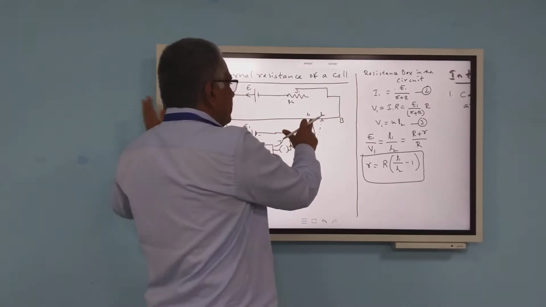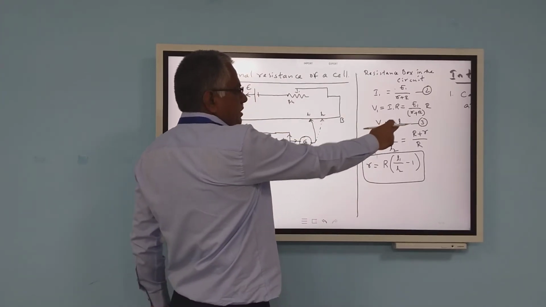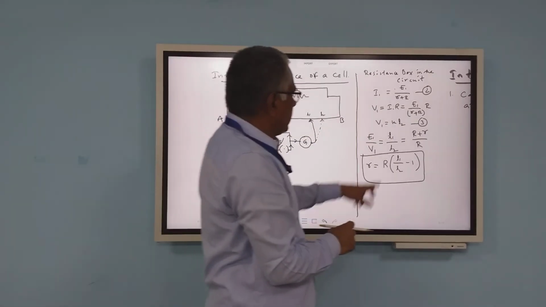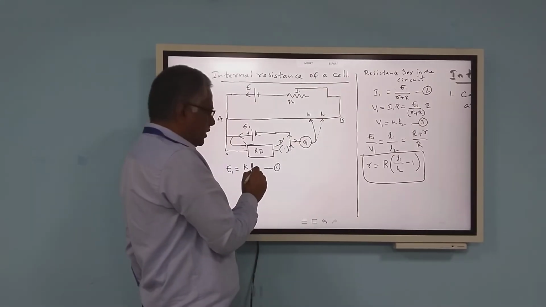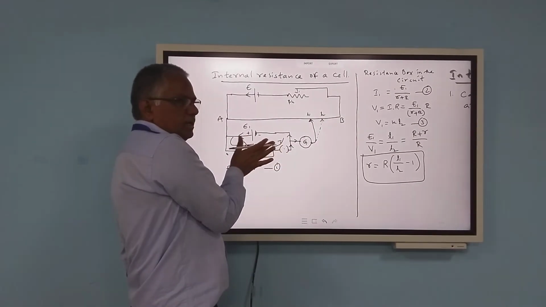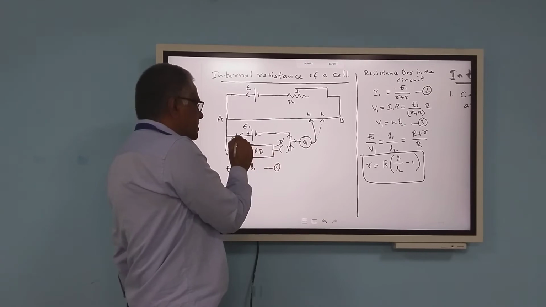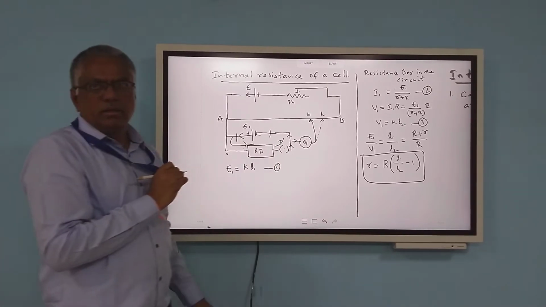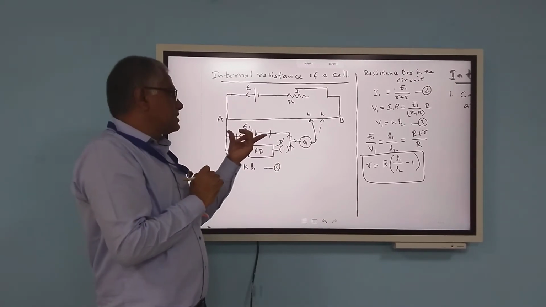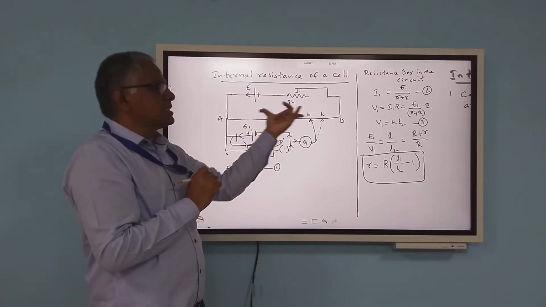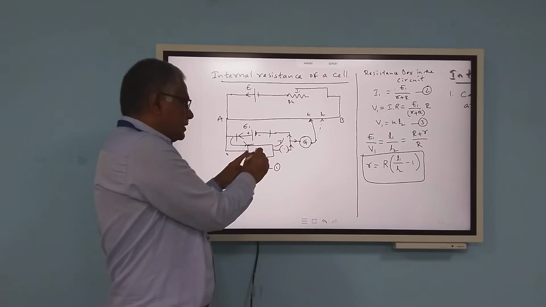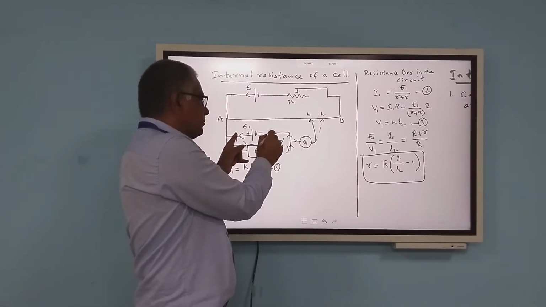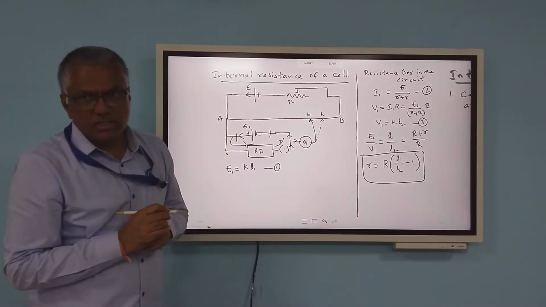First we got E1 is equal to K into L1, first without the battery connected. By connecting this, we get the potential difference across this battery. That will be equal to the potential difference of this length of the wire. First we got the EMF, now because of the resistance box we are getting the potential difference across this cell.